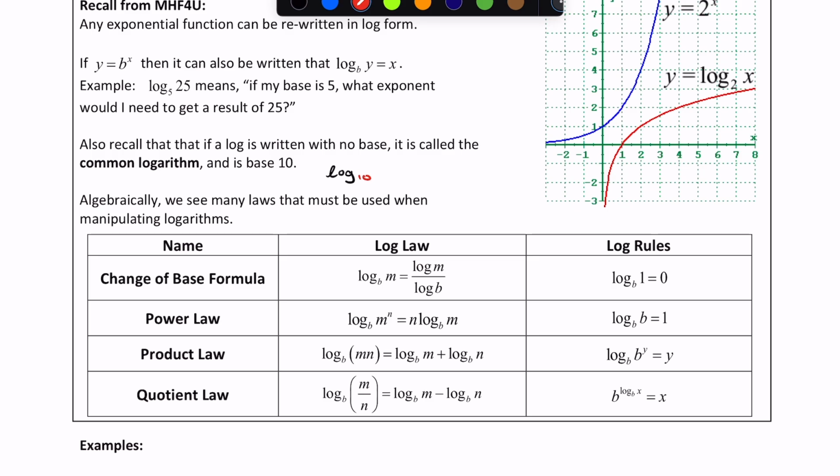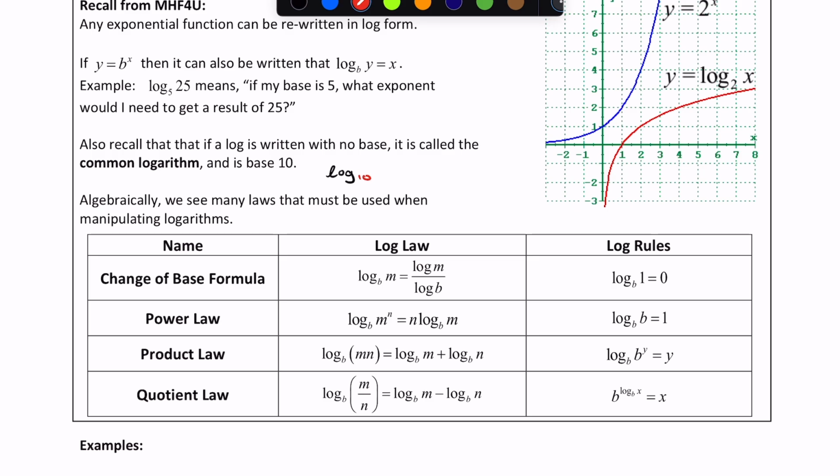Again, algebraically, many laws must be used when manipulating logarithms, and we looked at a few of these in the previous lesson as well. There's the change of base formula, the power law, the product law, the quotient law, and these different log rules that are provided here.